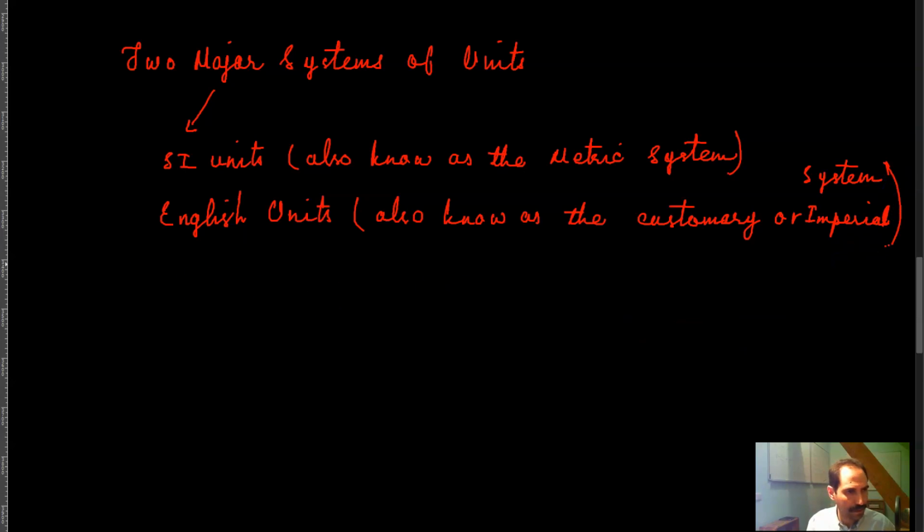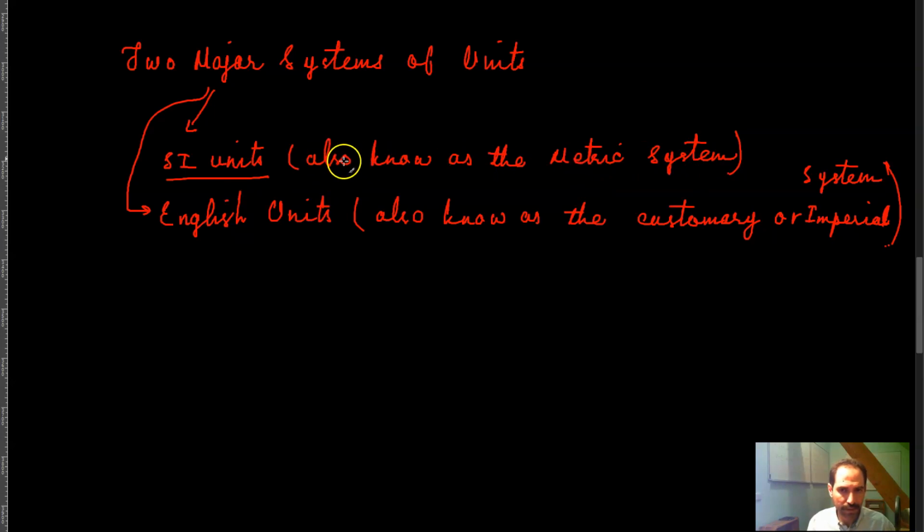So basically we have these two major systems of units in the world, the SI units, which is also known as the metric system, and it's known as the metric system because it is based on the metric system.